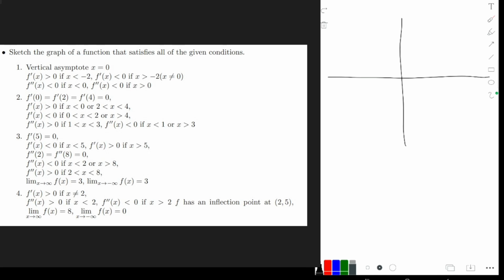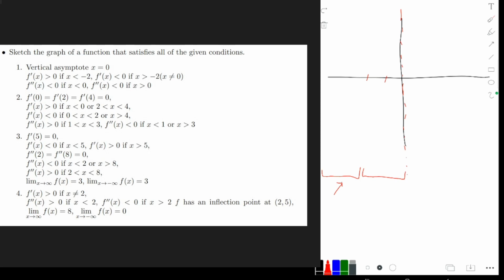So it has some kind of vertical asymptote at the y-axis, right? And on one side of -2, which I'll mark, -2 is right here, it is increasing, but on the other side, it is decreasing.